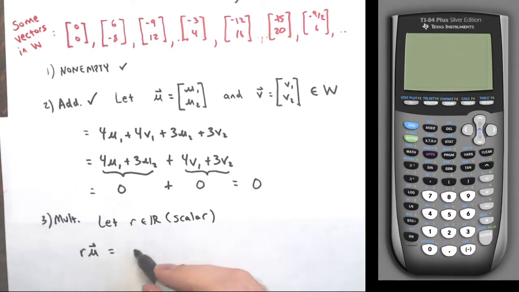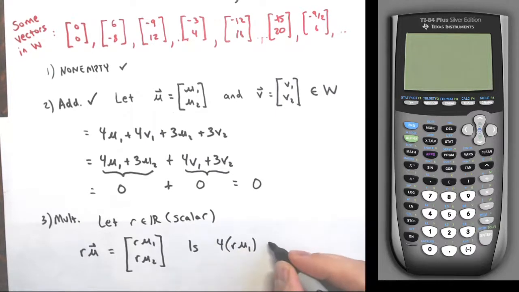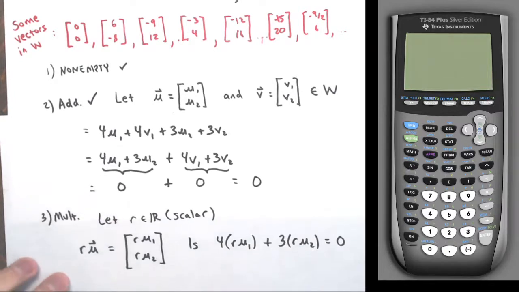Is Ru in W? So that'd be Ru1, Ru2 for the components. And then again, the big question is: is 4 times Ru1 plus 3 times Ru2 equal to 0? Is 4 times the first component plus 3 times the second component equal to 0?